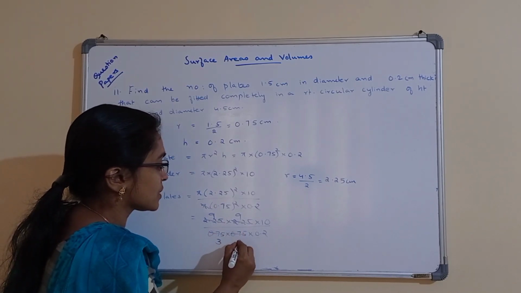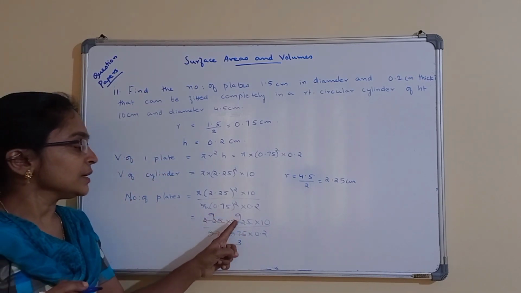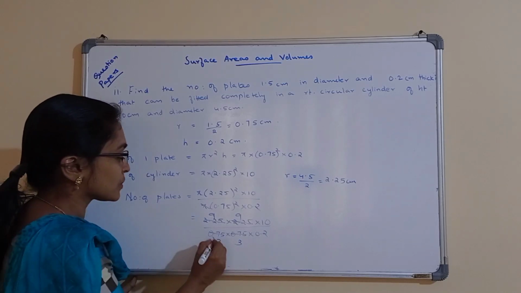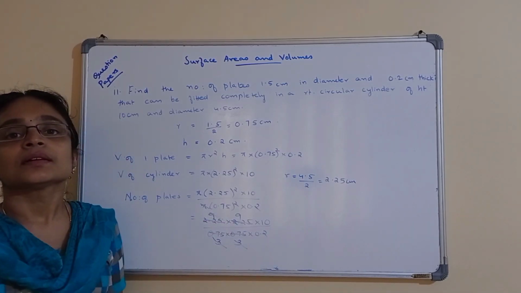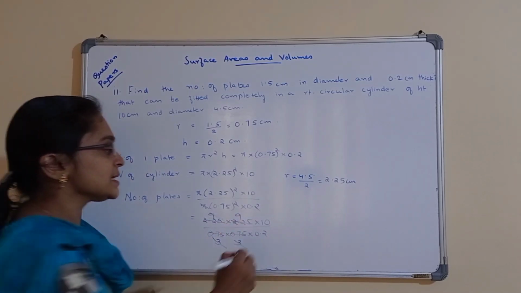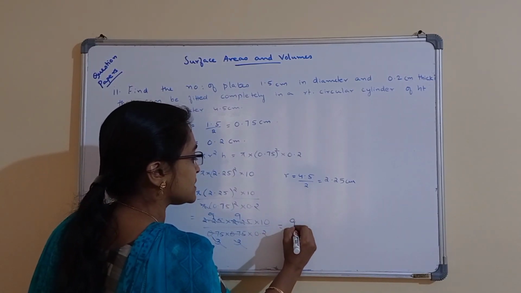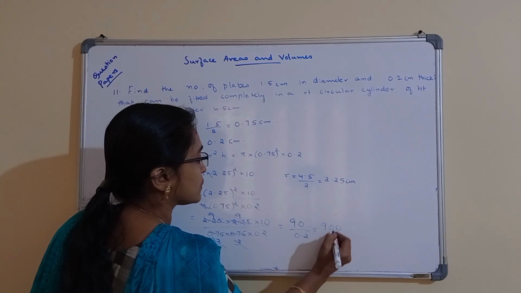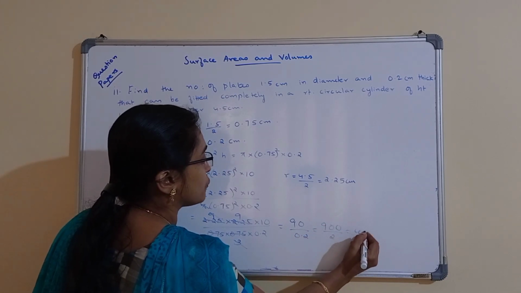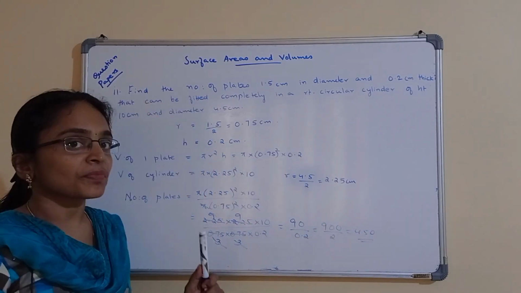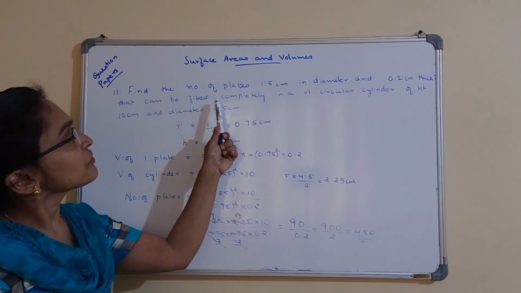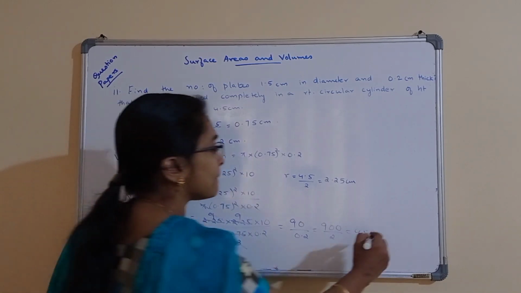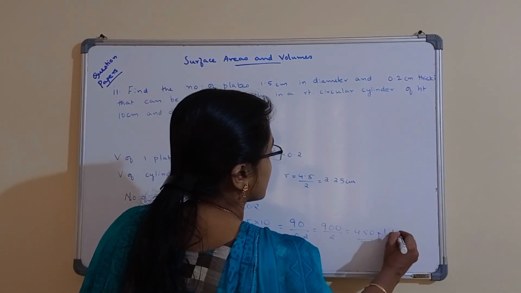And here also 3. So 9 into 9 into 10 by 3 into 3 into 0.2. 3 into 3 is 9. So we got 90 by 0.2, which is equal to 900 by 2, and that is equal to 450. So how many plates can be fitted completely in this right circular cylinder? 450 plates can be fitted.